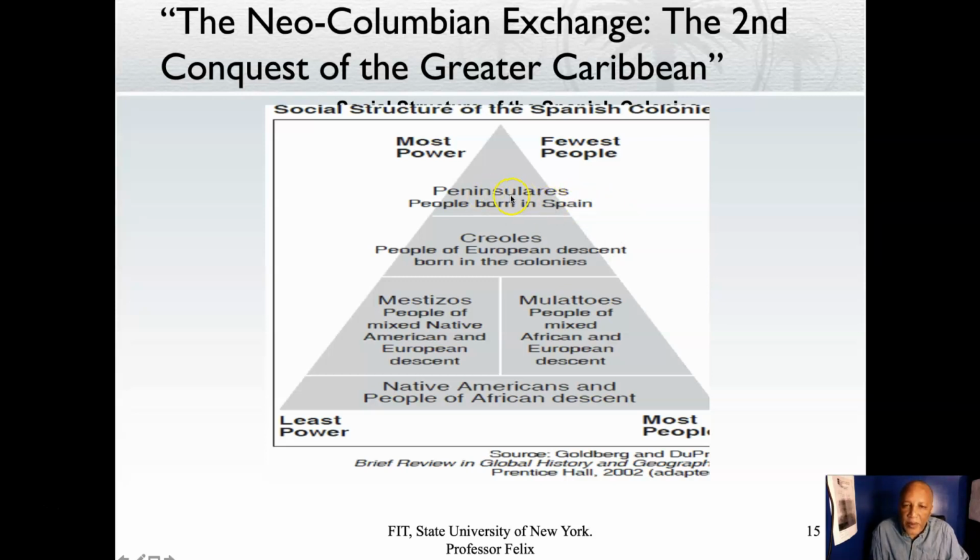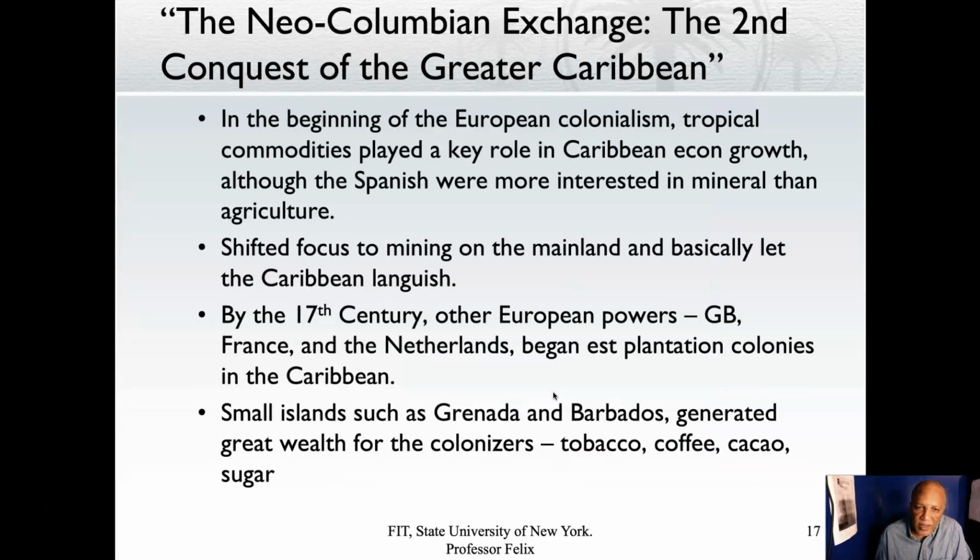But they used to be one country back in the colonial era, not when they dominated the Caribbean, but prior to that. And then you had the Creoles, who were born of these people in the Americas, right? And then the mestizos and the mulattoes are a mixture of all of these groups, and the Native Americans and the Africans were at the bottom. So you can go over this chart on your own.